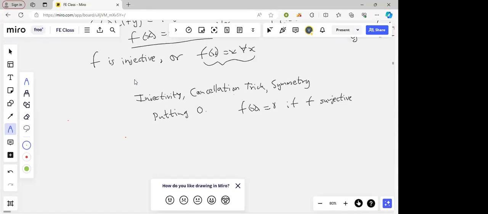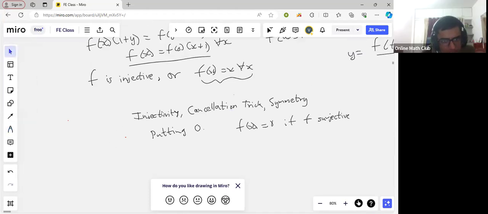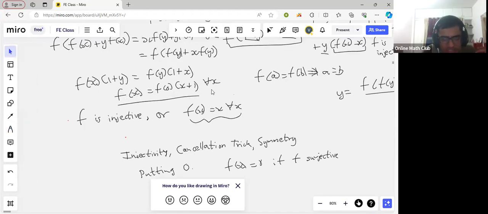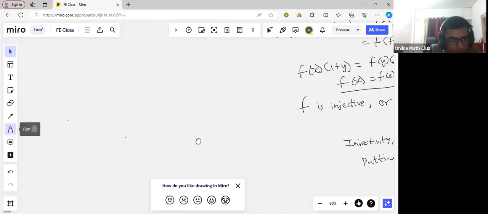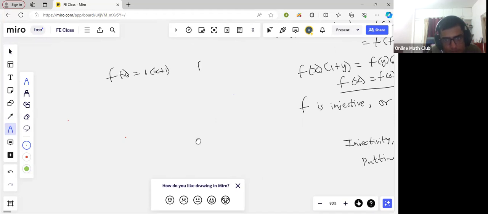Can you please explain why we only put f of x equal to x plus 1, and not anything else? Where? In this part? After this, I haven't done those details yet. What we have shown over here is that f of x is equal to cx plus 1 for some c, right?